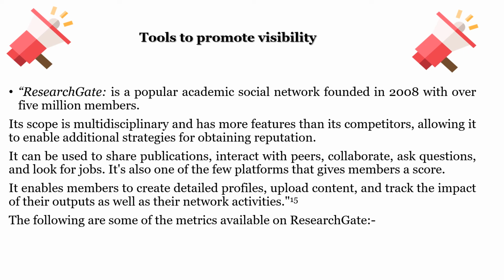It can be used to share publications, interact with peers, collaborate, ask questions, and look for jobs. It's also one of the few platforms that gives members a score. It enables members to create detailed profiles, upload content, and track the impact of their outputs, as well as their network activities. So, the following are some of the metrics available on ResearchGate.